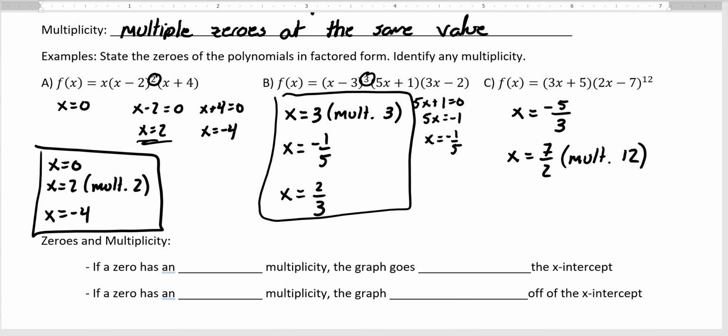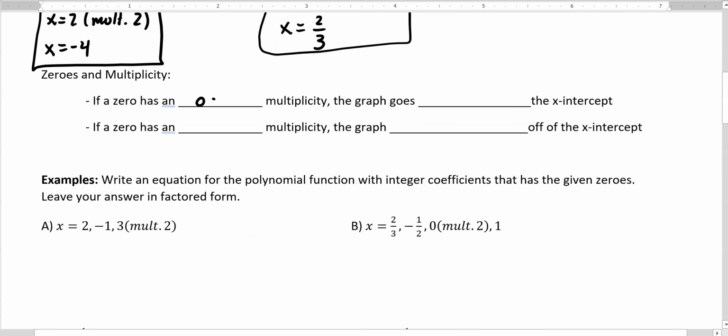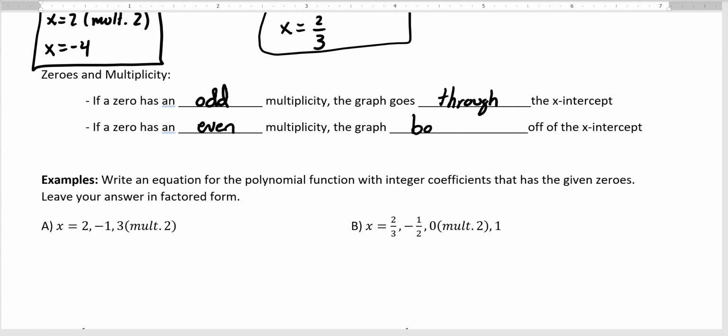Now, zeros and multiplicity impact the graph. If a zero has an odd multiplicity, that is to say it occurs 3 times, 5 times, 7 times, an odd number, then the graph goes through the x-intercept. However, if a zero has an even multiplicity, it occurs 2 times, 4 times, 6 times, 8 times, the graph bounces, is the verb I use. The graph bounces off of the x-intercept.